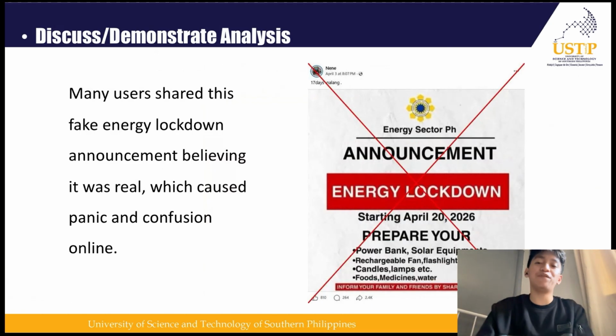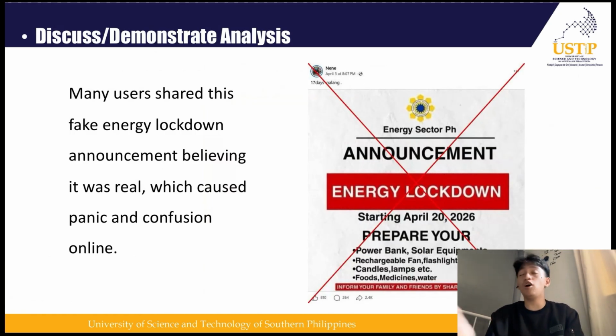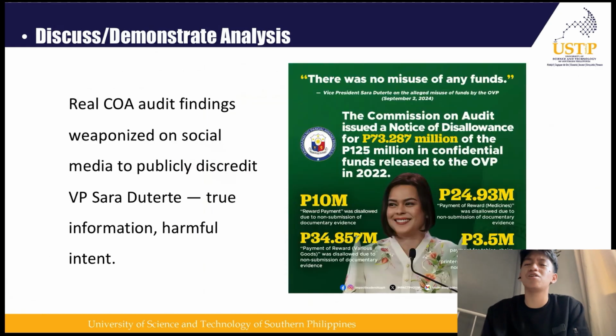So this infographic is based on very real findings from the Commission on Audit, the official Philippine government body responsible for auditing how public funds are spent. What the COA found was that 73 million out of 125 million in confidential funds released to Vice President Sara Duterte's Office of the Vice President in 2022 were disallowed.